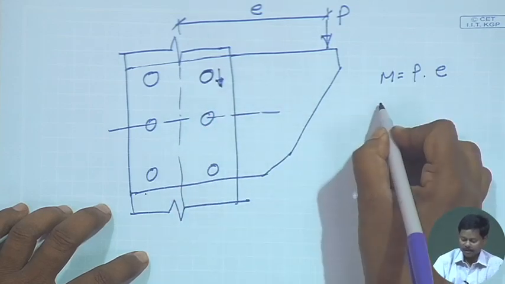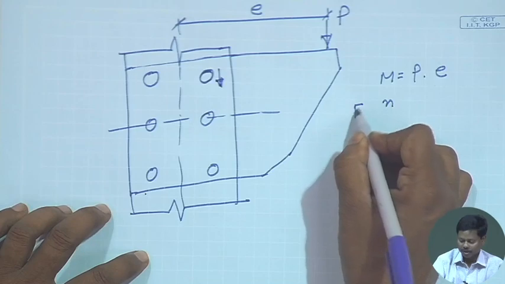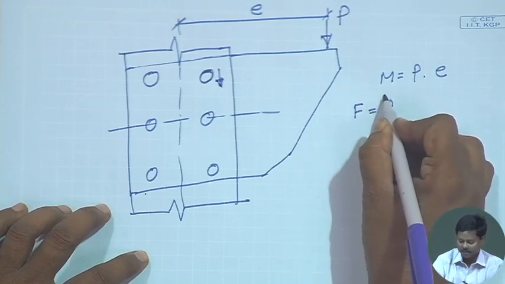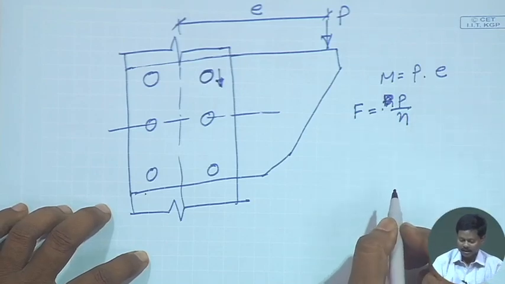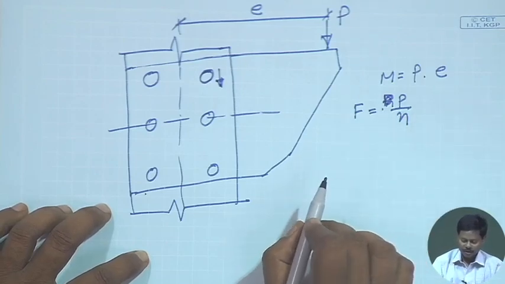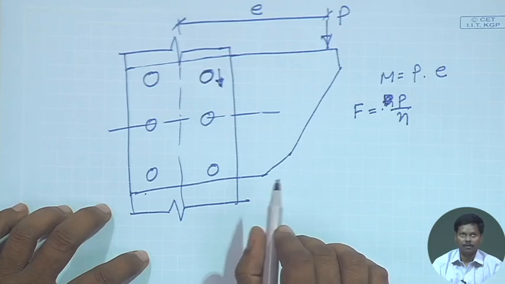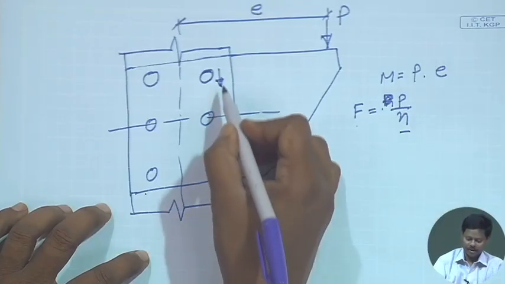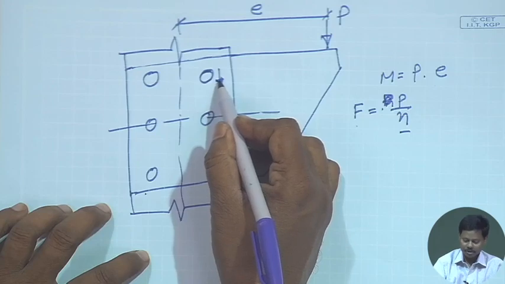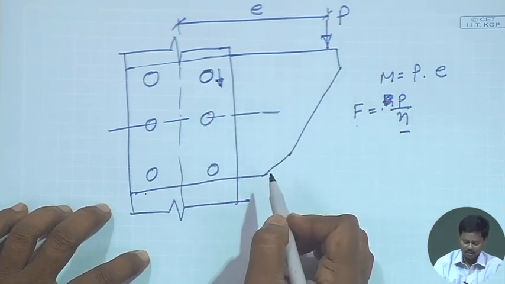If n bolts are there, then assuming the load is distributed equally to each bolt, the load in each bolt can be written as P by n. If every bolt is sharing equal load, then the load at each bolt will be F equal to P by n. This is the load which is coming due to the direct load.